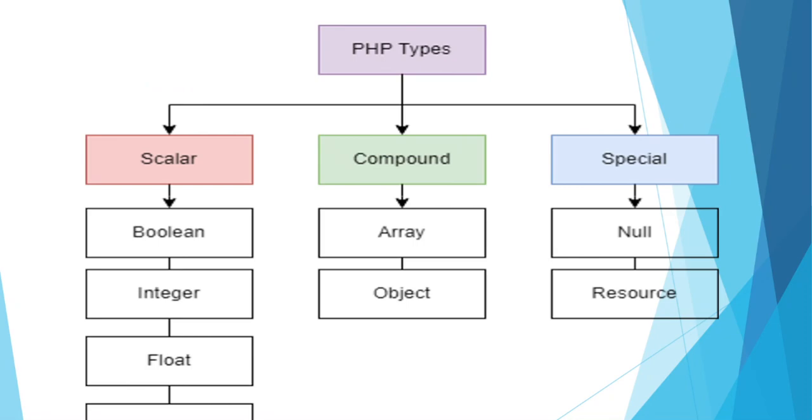PHP data types are classified into three categories. One is scalar, the second category is compound, the third category is special. What is scalar? Scalar can store a single value, like boolean, integer, float and string. Boolean variables store boolean data.